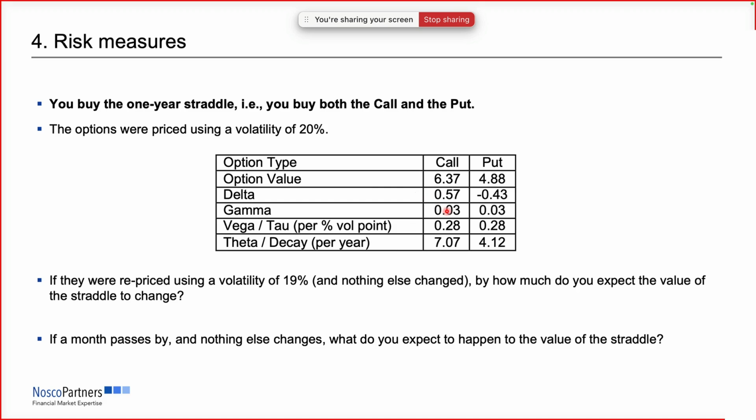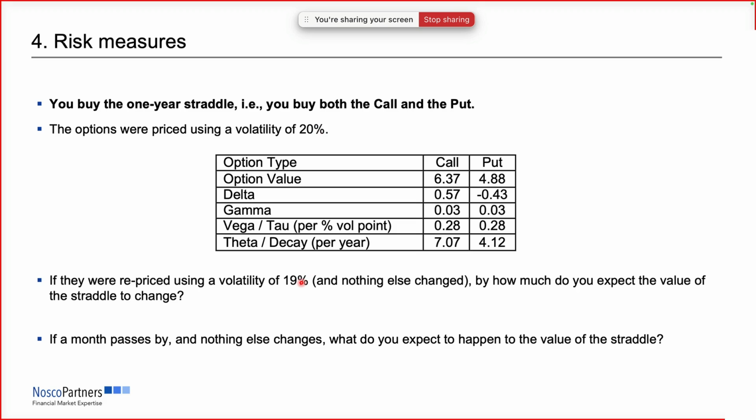And here are the risk measures. Right? And okay, let's put this in some questions. I say if these options were priced at the volatility of 19%. So we said we bought them at 20. You could phrase it in a different way.